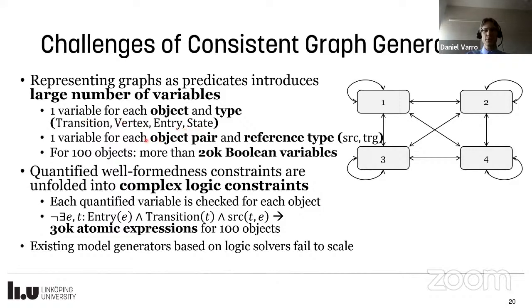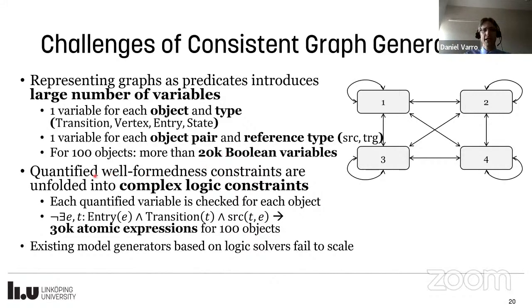You can introduce a Boolean variable for each pair of objects for each reference type. But then the problem is that if you have a graph with 100 nodes, then we already introduced a SAT solving challenge with 20,000 Boolean variables, which one could say is still within reach of some of the solvers.